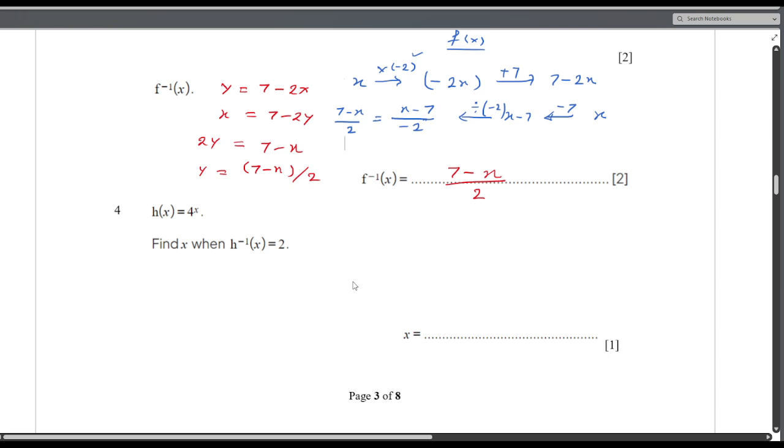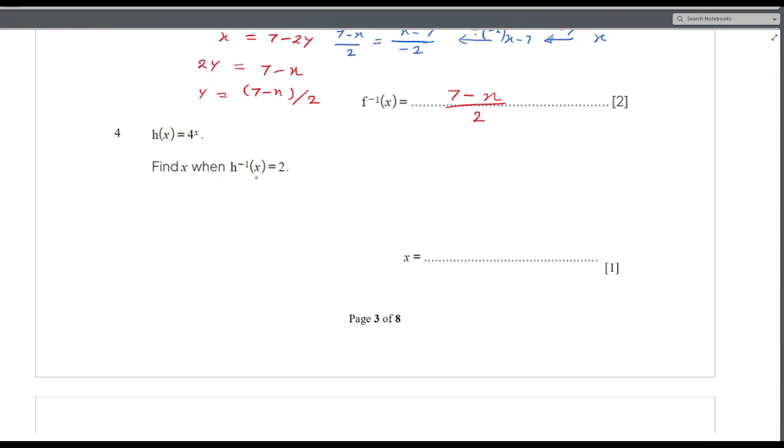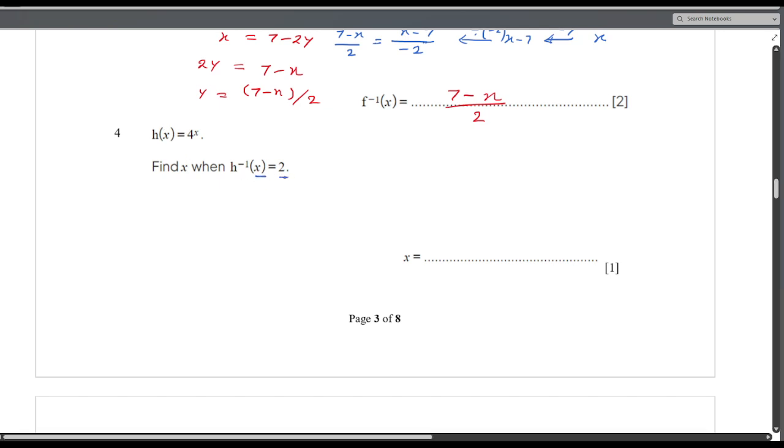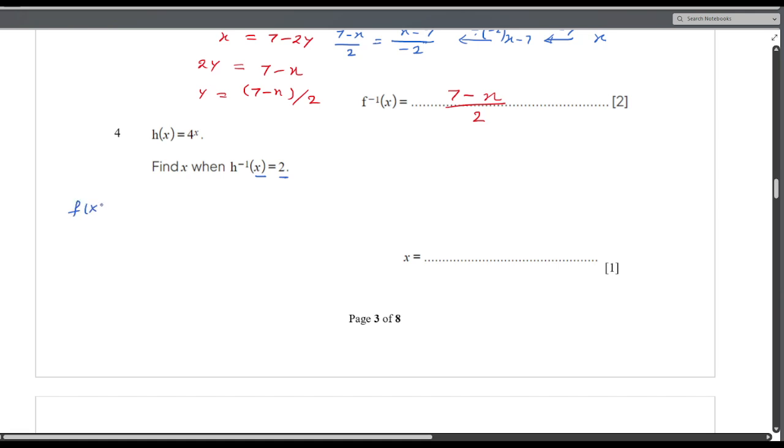Now h(x) is given as 4 power x. I have to find x when h inverse x is equal to 2. When we say inverse function, let us study one concept: if f(x) is y, then x is considered as f inverse of y.